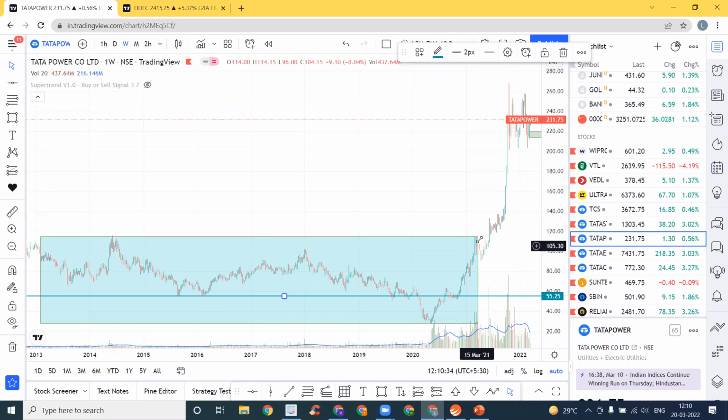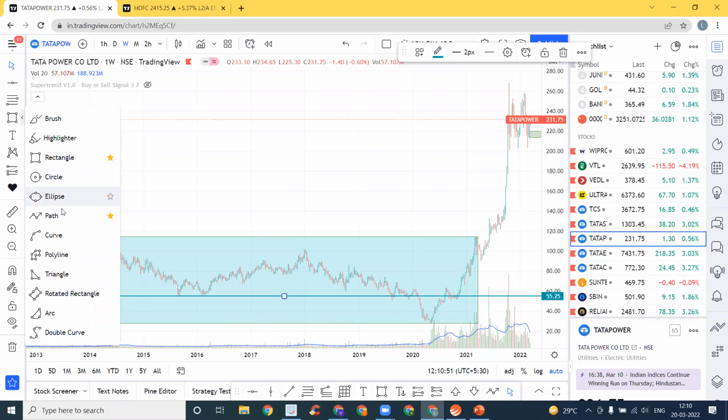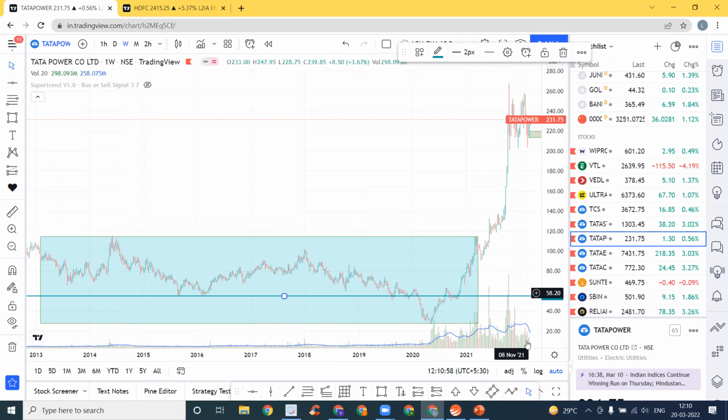Then suddenly it started moving up. I am having 70% still. I sold some numbers, but here is the point where... is my rectangle rotated? Okay. So here is my stock moving in the upward direction.